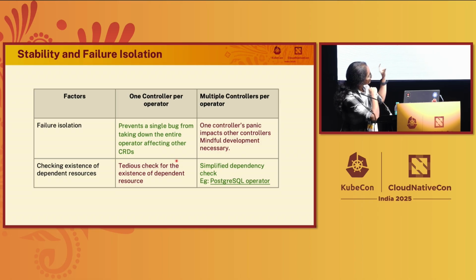So when you integrate multiple controllers, this dependency check is quite simplified. But if you have it in different operator pods, meaning different logic all in itself, that time the check can get very tedious. You will have to look into unstructured data, like an unstructured list in Kubernetes, while you're trying to develop it in Golang and unmarshal it.